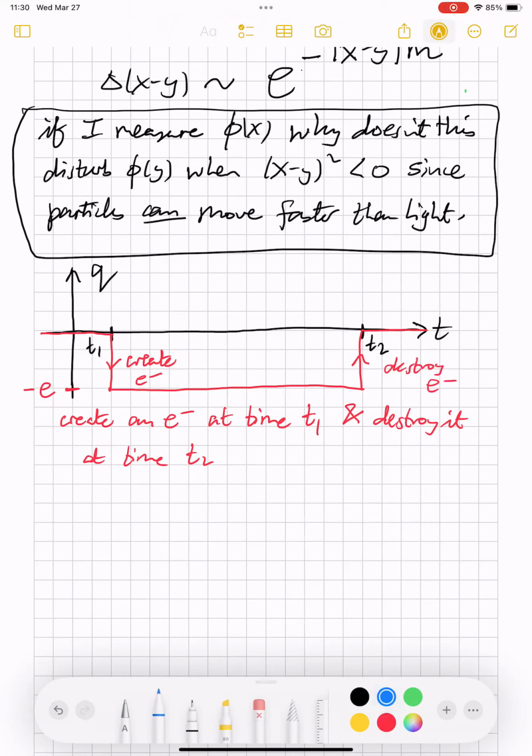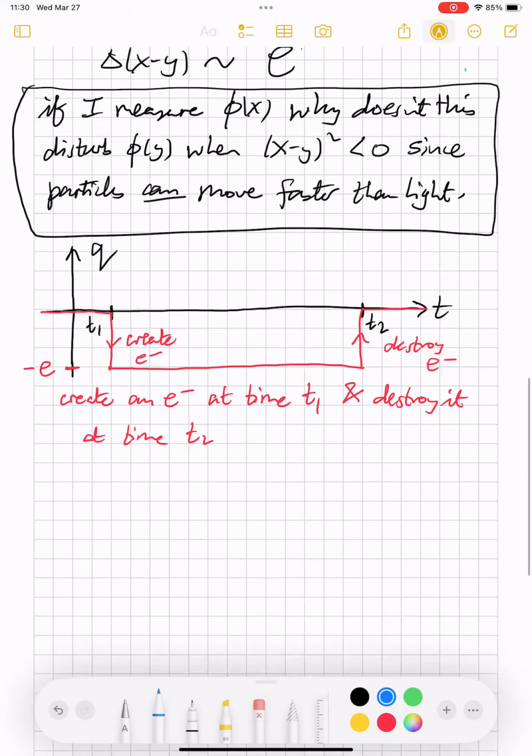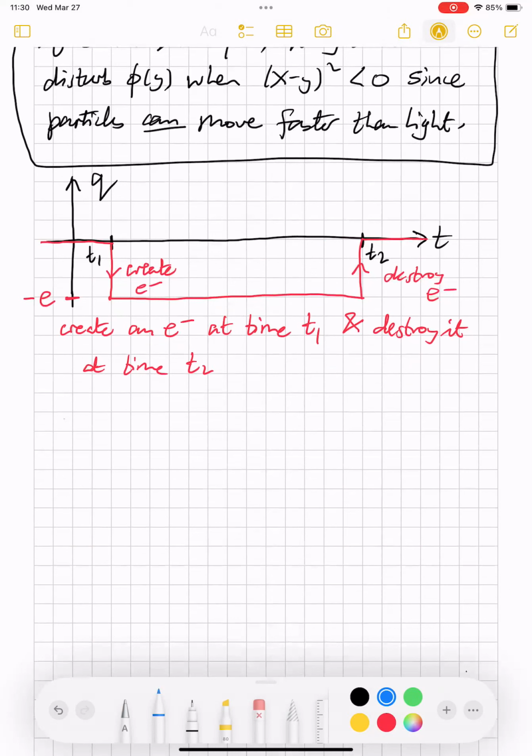Good. Okay, now I want to consider a different situation. I want to say, let's create, okay, this is going to sound weird, but let me do it. We're going to create an electron at time t2, and we will destroy it at time t1. So the reason why this sounds weird is I'm going to destroy the electron before I've created it, okay?